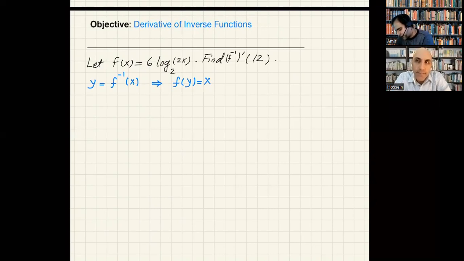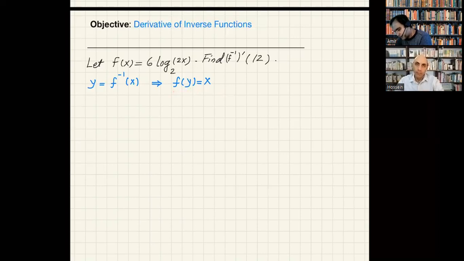So I'm going to take a derivative of both sides with respect to x. The derivative of the right side with respect to x is 1. It's simple. But let me look at the derivative of the left side.